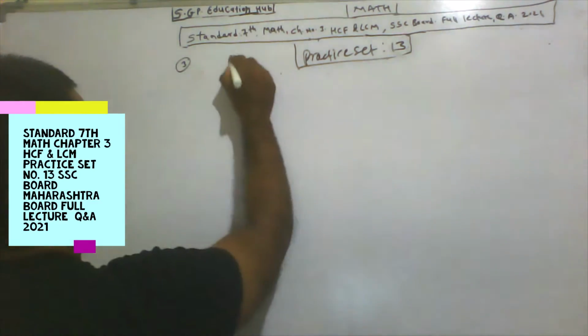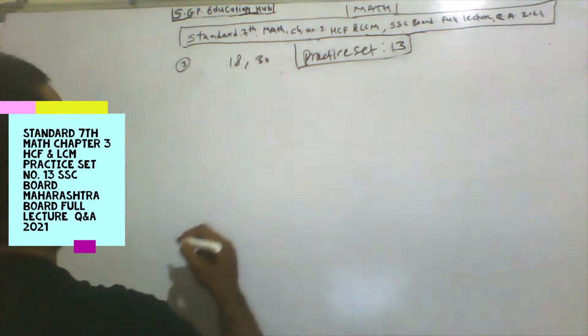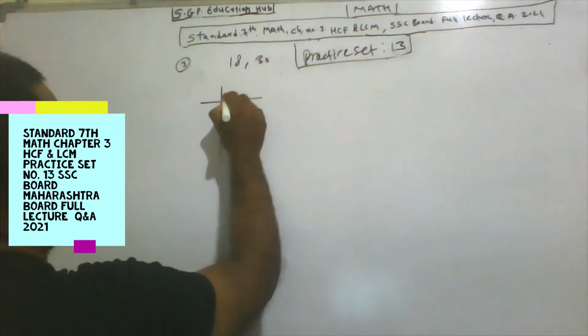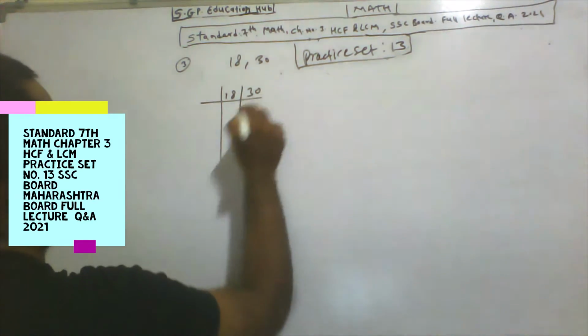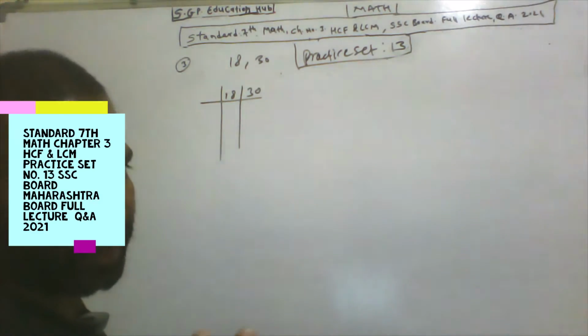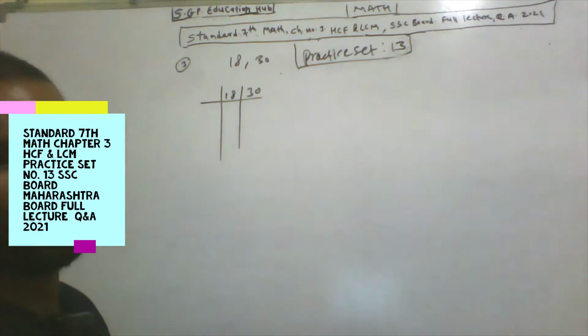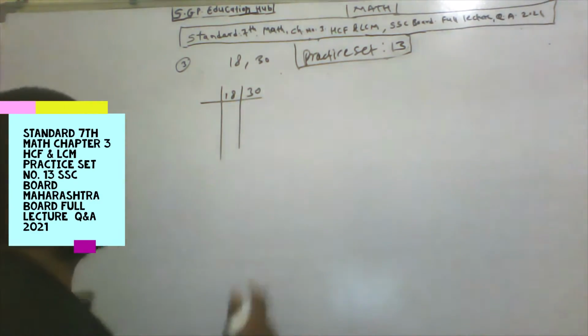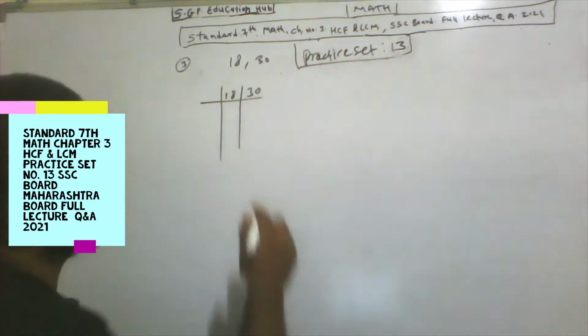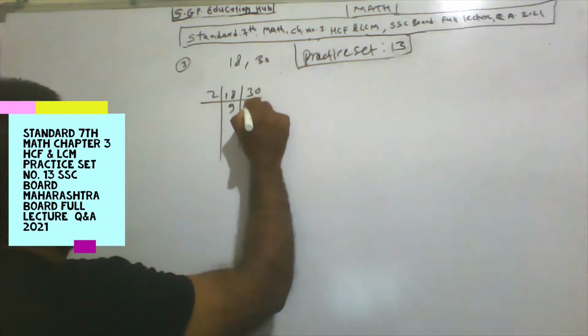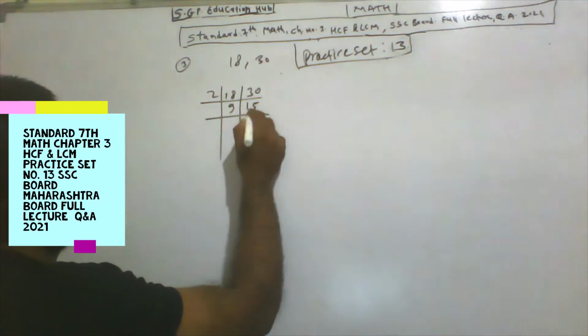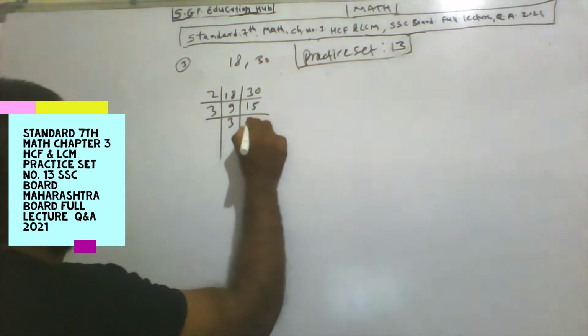80 and 30. A simple question. Okay, find out the HCF and LCM also. First we are going to find the HCF. Both numbers are even, so 2 fifteens are 30, 2 fortieths are 40. Okay, then 3 threes are 9, 3 fives are 15.